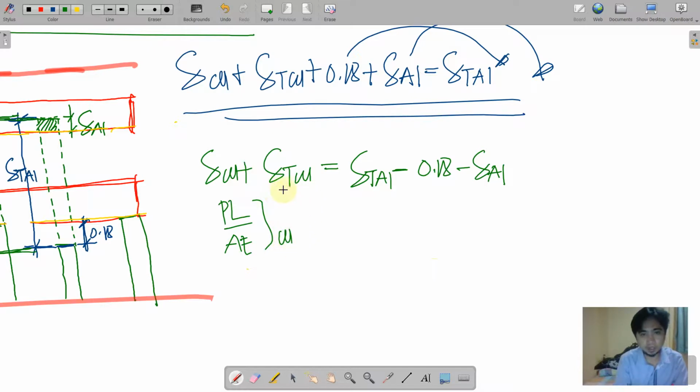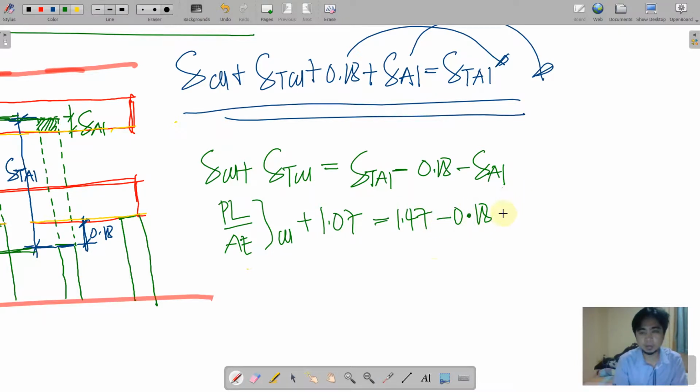And we have already solved for this deformation due to temperature of the copper, and this was computed to be 1.07. And then this is a deformation due to temperature of the aluminum. So I believe this is 1.47. So we're going to deduct 0.18 there.